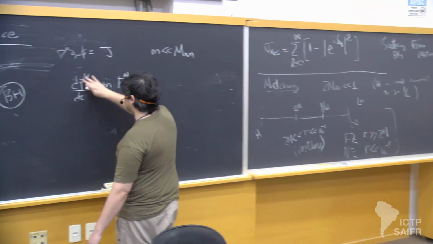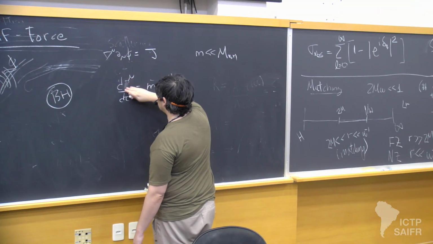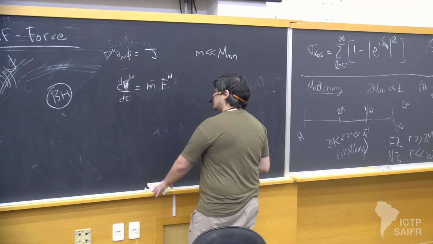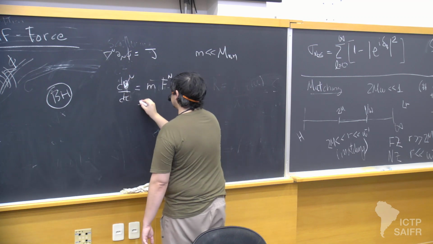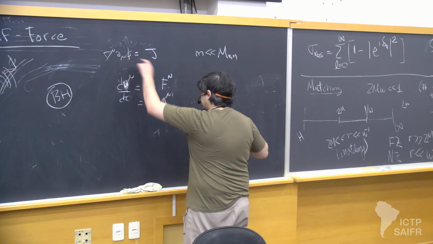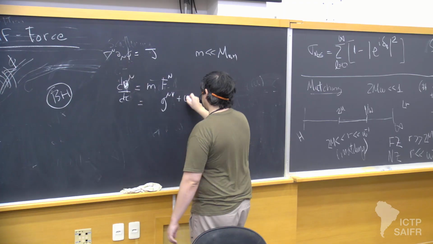Okay, this is going to be normalized. Let me just call it u for now. This is going to be normalized. And the force is going to be proportional to some projection for a scalar field. Okay, now we're going to talk about a scalar field.